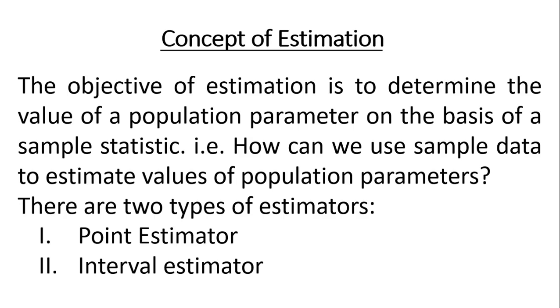Statistical estimation is all about using our sample statistic. In the previous class we talked about parameters and statistics, and we said a statistic is a function of what? Of your sample, whereas your parameter is a function of the population. So whenever we refer to a statistic, we're talking about a function of a sample.